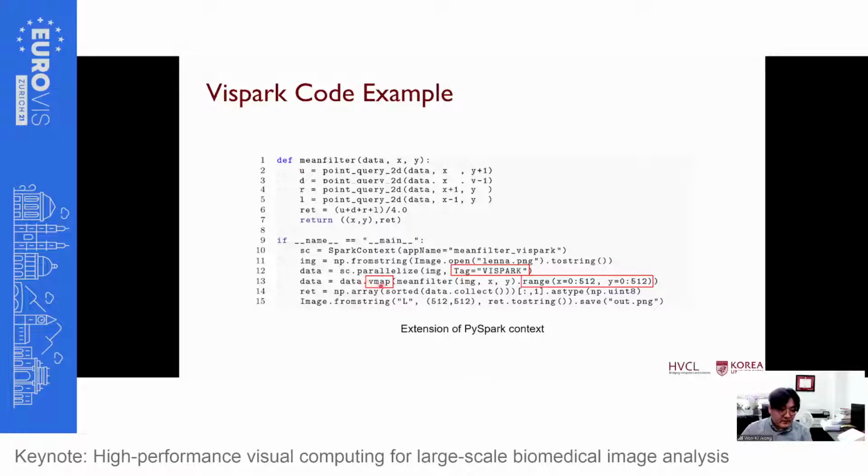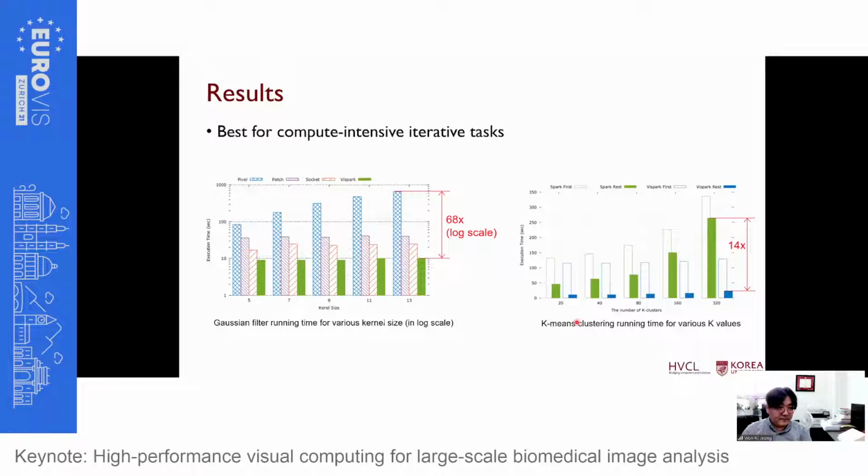PySpark has a map, but we added a VMap, a VSpark map, and also a dot something, which is used in VSpark, Vivaldi. So we added only a very, very small extension to PySpark so that we can run everything on the Spark system.